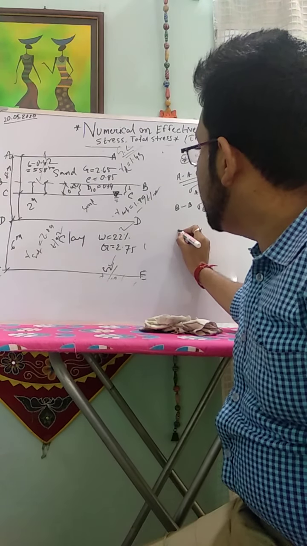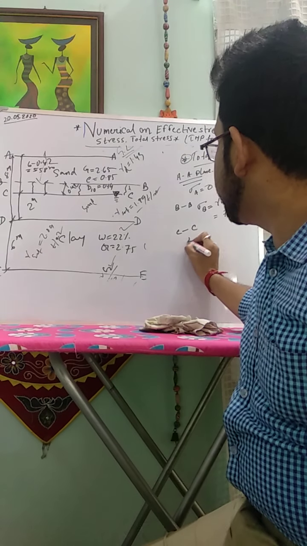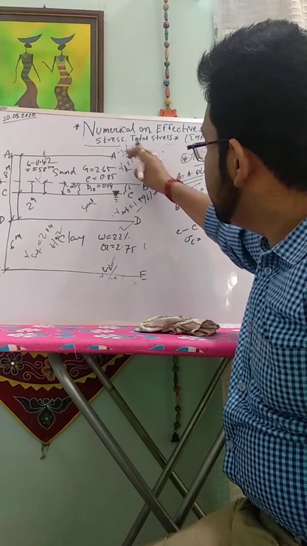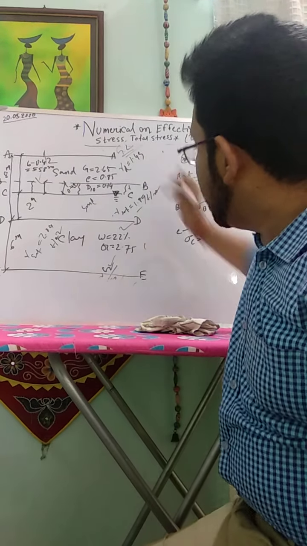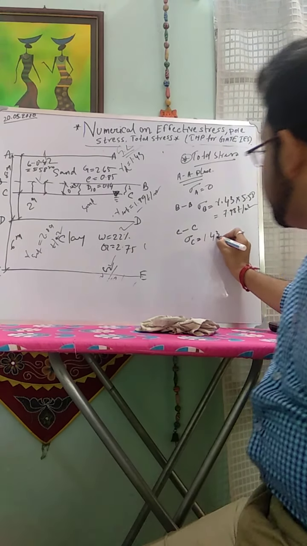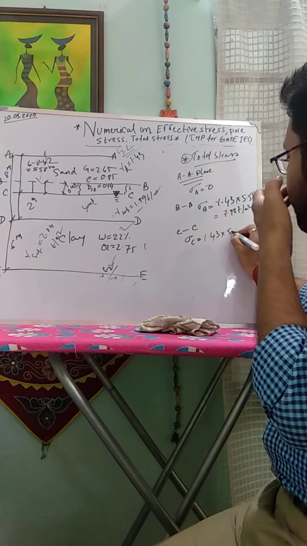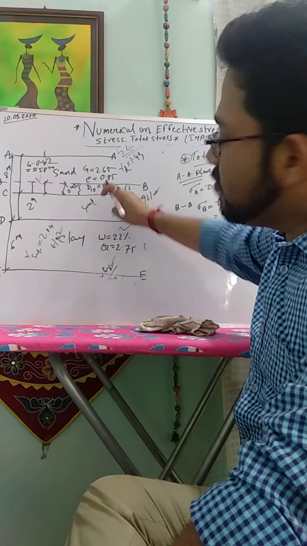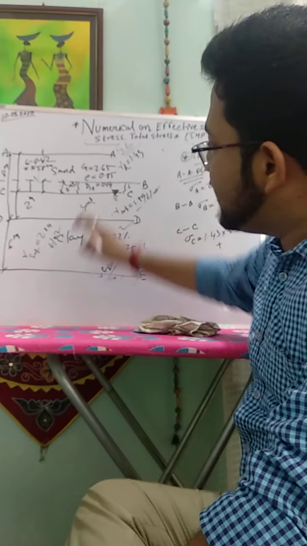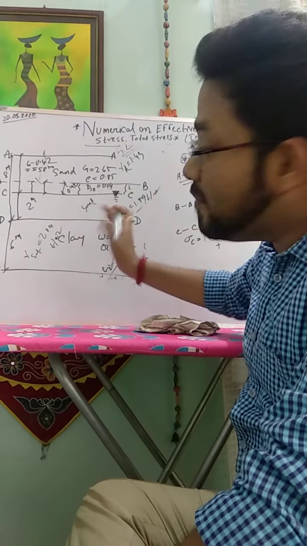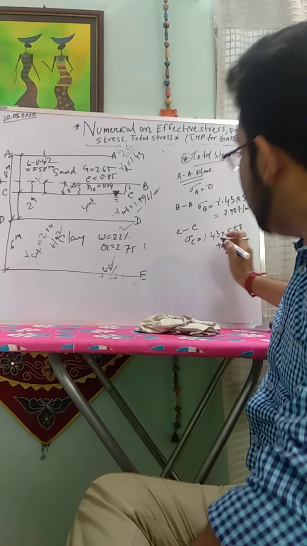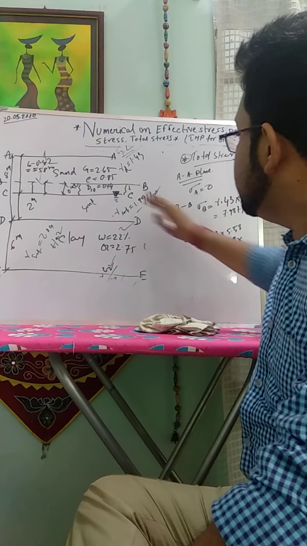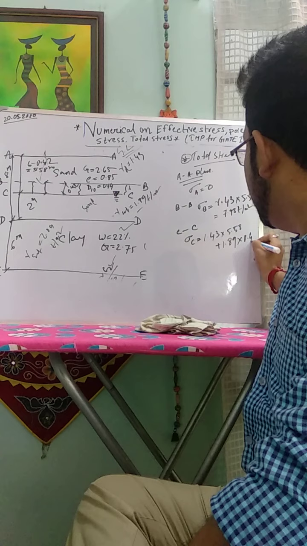Now at point CC, total stress, calculated from the top, will be 1.43 into 5.58 plus, this sand is saturated because of capillary action, plus the saturated unit weight of sand, that is 1.89, into this height, which is 0.42.